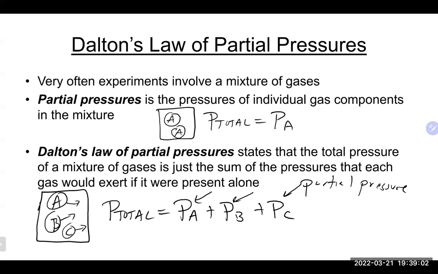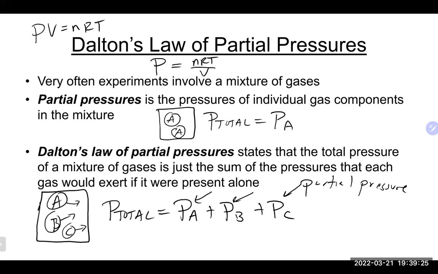So we can figure out the partial pressure of each gas by applying the ideal gas law, solving for P, which is nRT divided by V, for each gas. You would do each gas separately, as we can think of them as being in there by themselves.